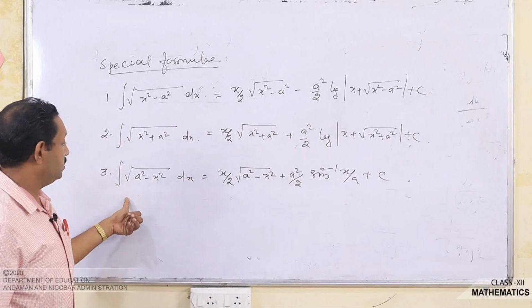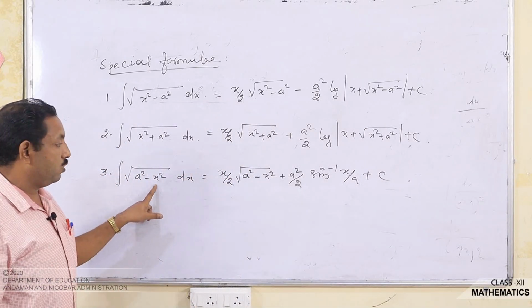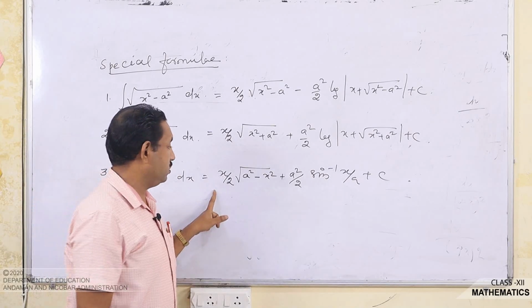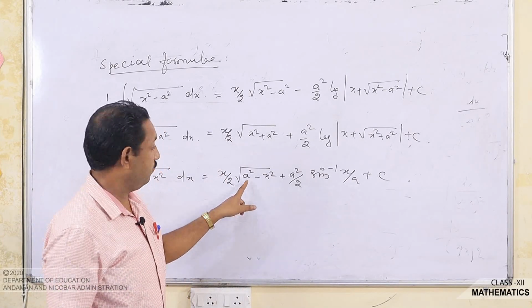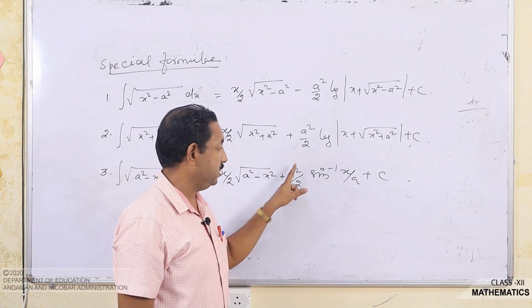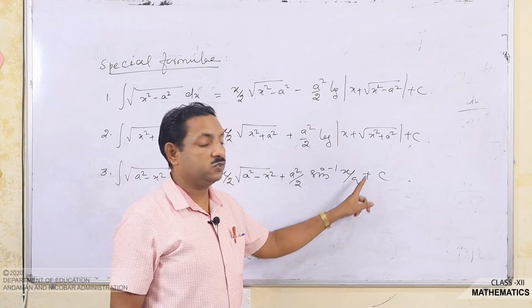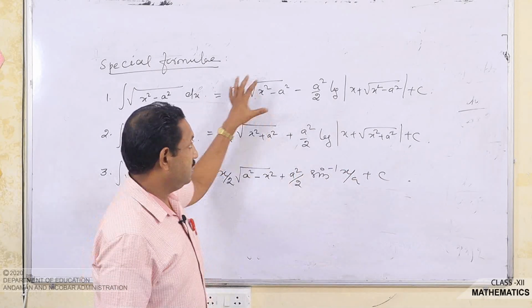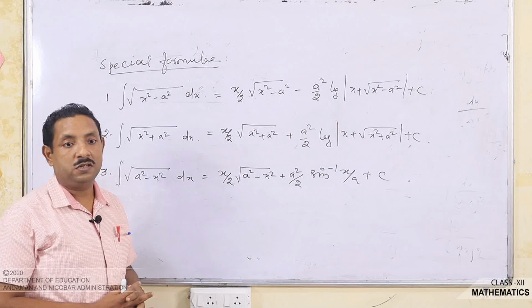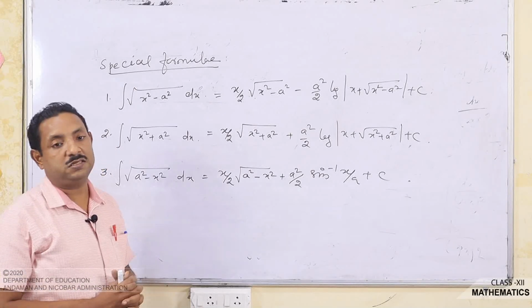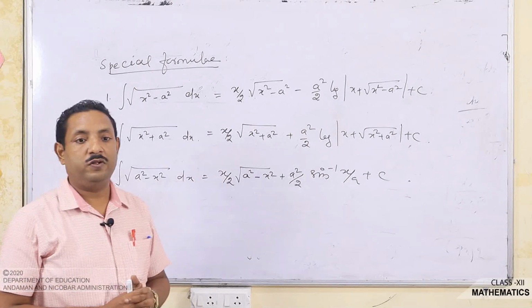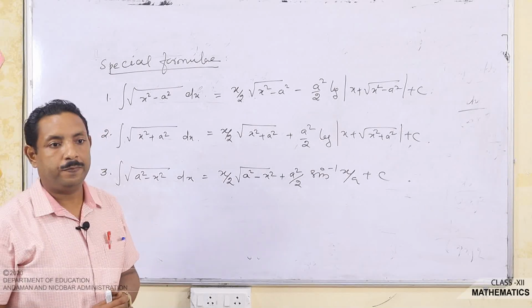And the third one: integration of under root of a square minus x square dx is x by 2 under root of a square minus x square, plus a square by 2 sin inverse x by a, plus c. So these are the 3 special forms, and I think these are the last 3 formulas of indefinite integration.